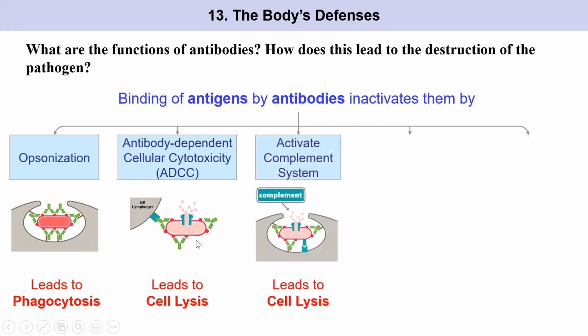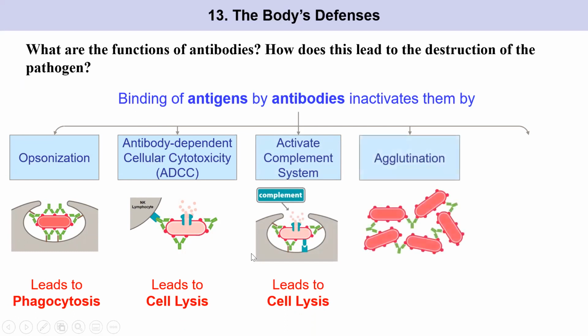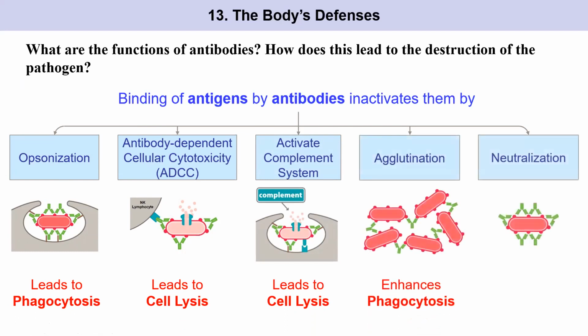We talked very briefly about the complement system, and the complement system often is inducing other parts of the immune system. I'm not going to get into that right now. The other two categories are agglutination and neutralization. Agglutination is clumping, and that often enhances or leads to phagocytosis.